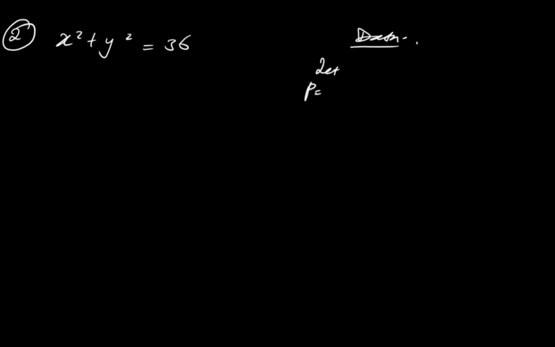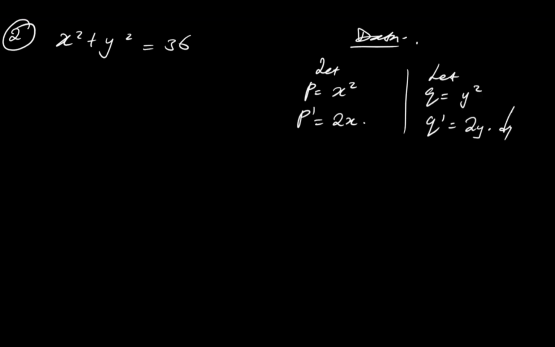So I'll let p equal my first term, which is x squared. So p prime will now be 2x. I'll let q equal y squared, and q prime is going to be 2y, remember, times dy over dx. Then I'll let r be equal to my constant 36, and r prime is 0.